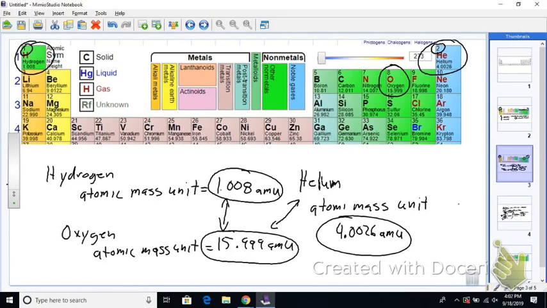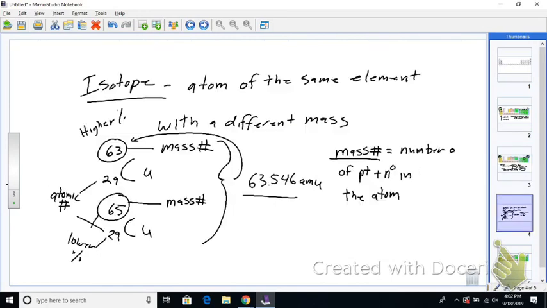And the last thing we talked about is what an isotope looks like. An isotope can be written with the symbol, and then down below, as a subscript, is the atomic number. It'll always be given to you. And then up above is the mass number. You're not going to be able to find that on the periodic table. That'll be given to you. And that represents the mass number, which is the number of protons and neutrons in an atom.